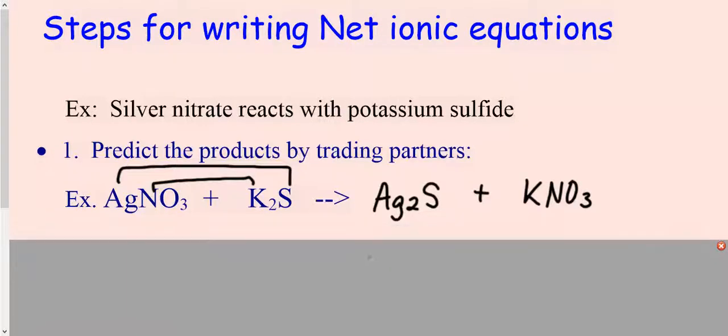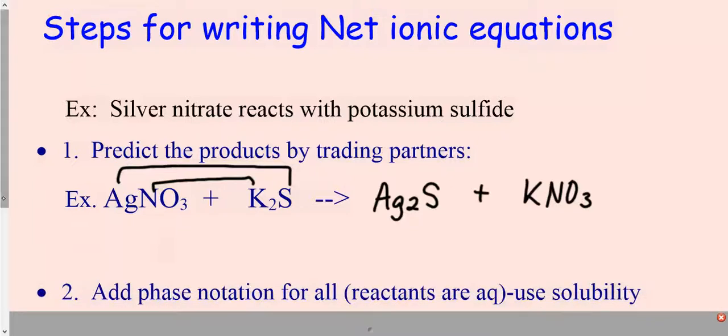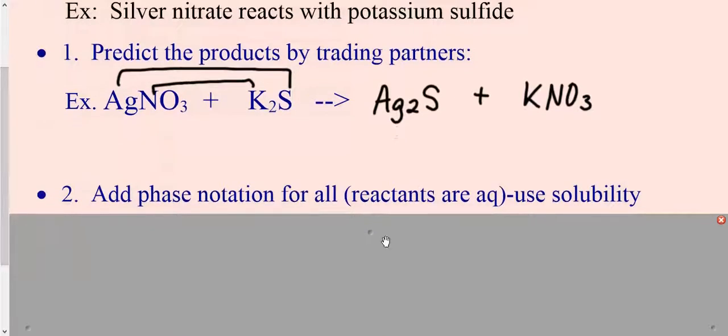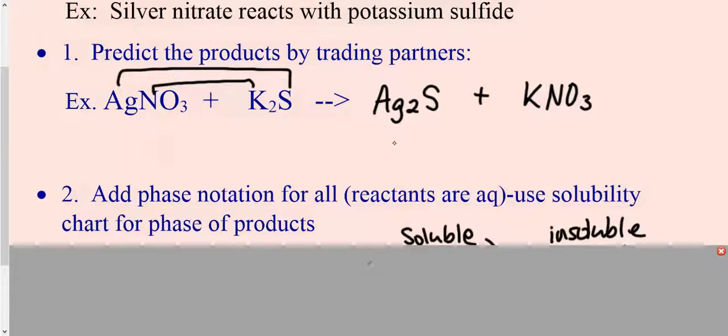Now, we've predicted the products. The next step, add phase notation. For these type of reactions, the reactants are going to be aq, so always put aq on your 2 reactants. And then you will have to use your solubility chart to see what the phases of silver sulfide and potassium nitrate are.